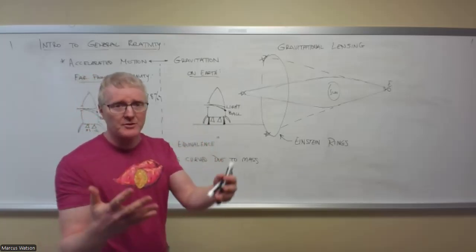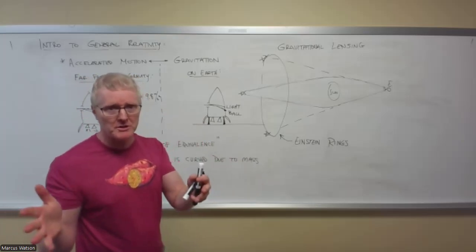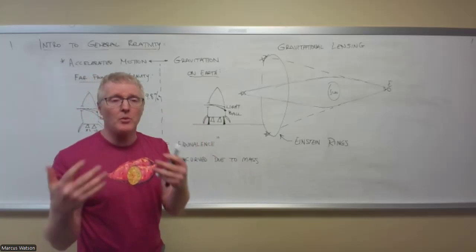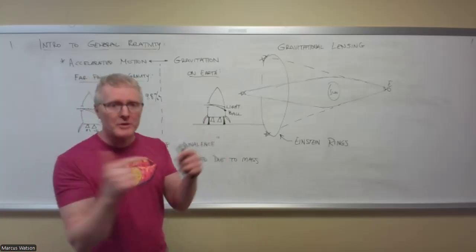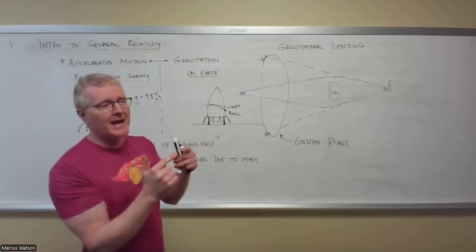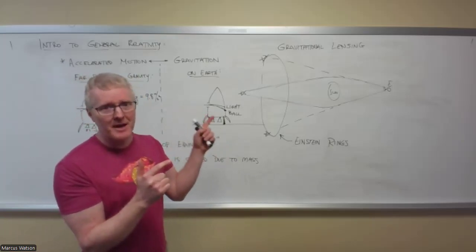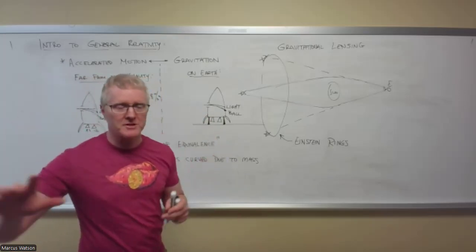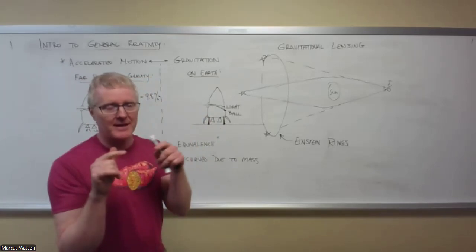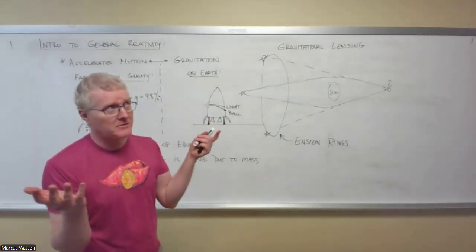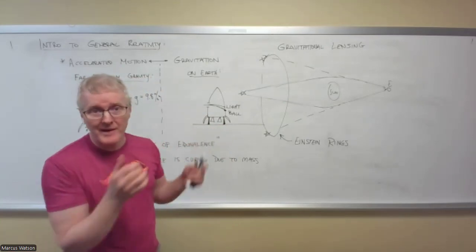It keeps predicting the right things that we measure, right? And as you know, from a science standpoint, what do we care about? We care about agreement with experiment. As soon as GR messes something up, it's like, okay, see you later. We have to scrap most of this and fix it so that it does agree with experiment. But right now, it's been 110 years. We haven't found anything yet.